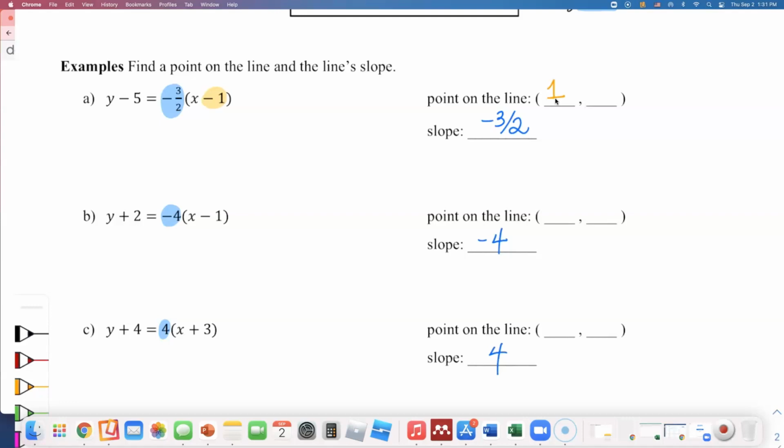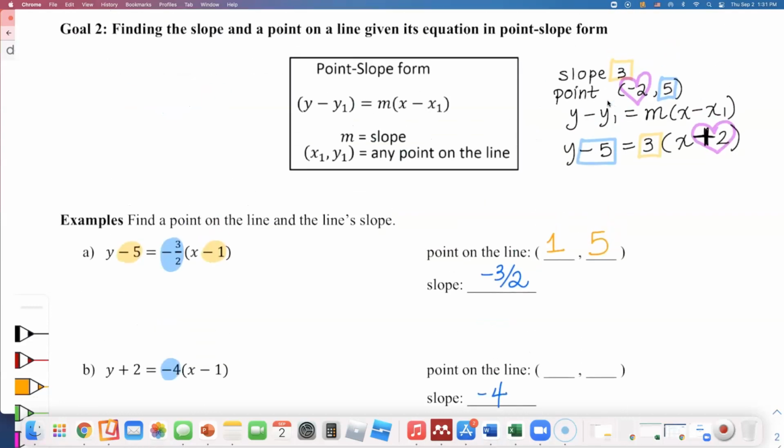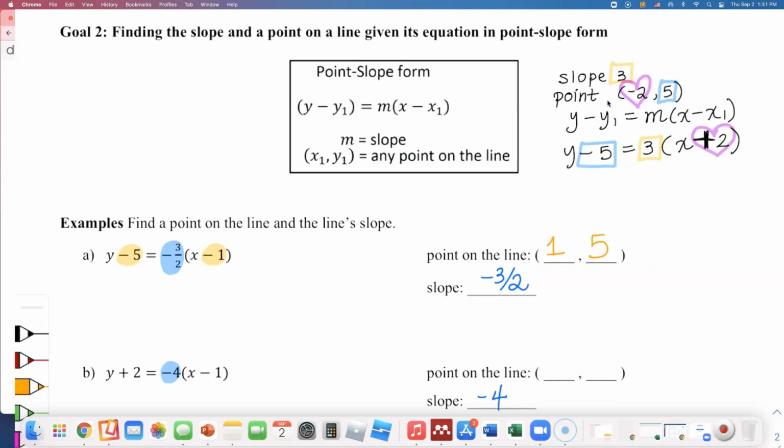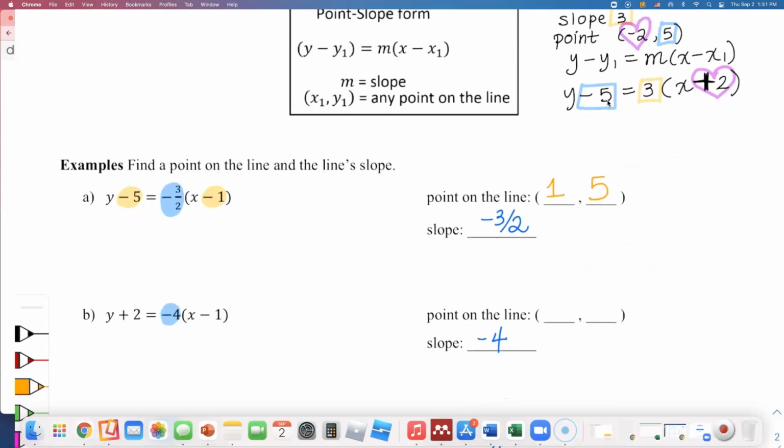Another, I saw that the number being subtracted from y is 5, okay? So the y coordinate is 5. When you see a -5, the y coordinate is +5 because the number being subtracted is the y coordinate and the x coordinate. So just look for the opposite signs. That's the easier way of doing this.